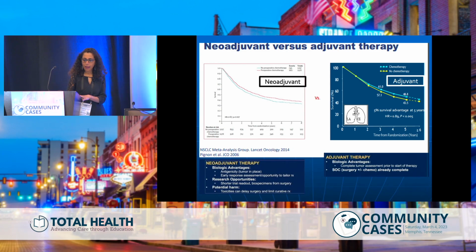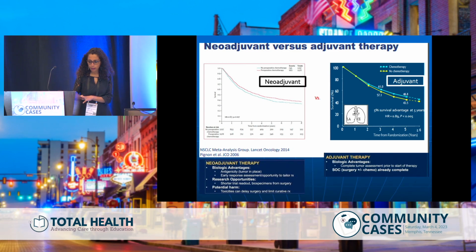So what about adjuvant? Here again, the curves are very similar. There's a 5% advantage. This is, I think, from the LACE study from a very long time ago. What are the advantages here?